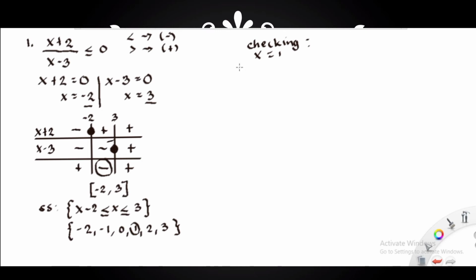So, let's copy the given: x plus 2 all over x minus 3 is less than or equal to 0. Substitute 1 to x. So, this will become 1 plus 2 all over 1 minus 3 is less than or equal to 0. 1 plus 2 is 3.